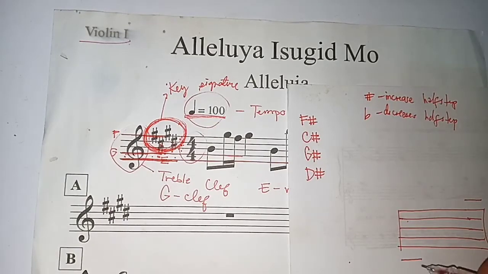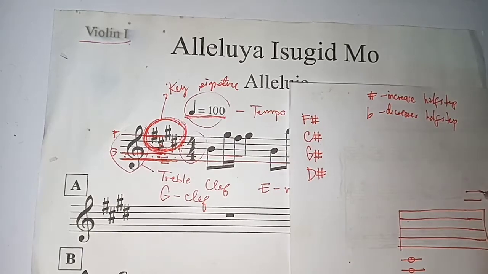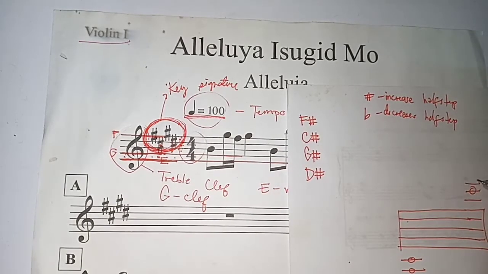For example, if you have a note here, you can still have a note here and here, depending on the expression of your musical score. You can have notes up to here, as high as the score needs. It depends on the demand of the song.